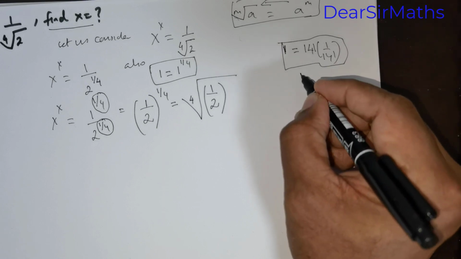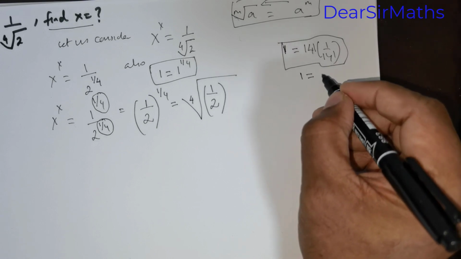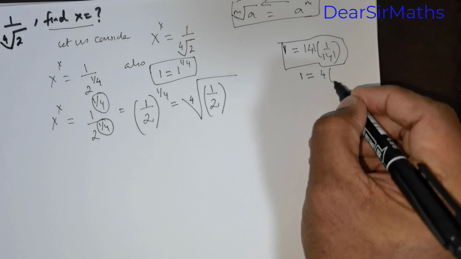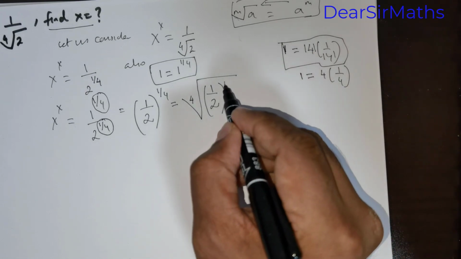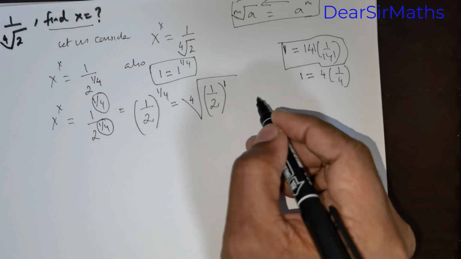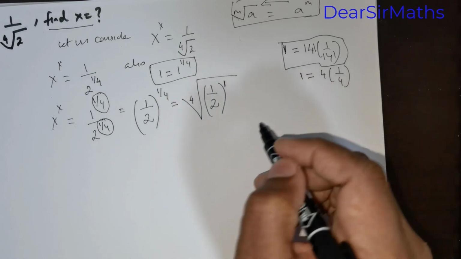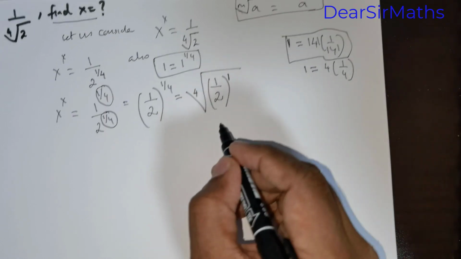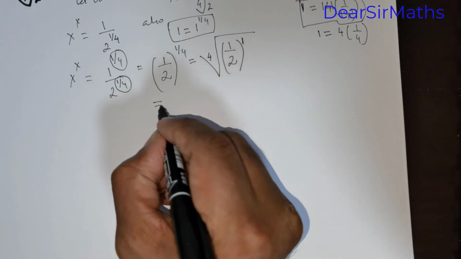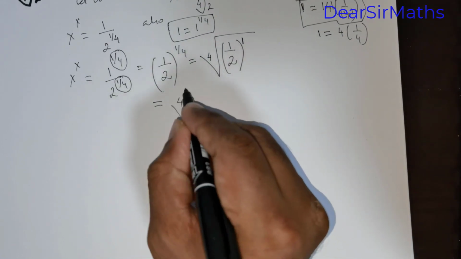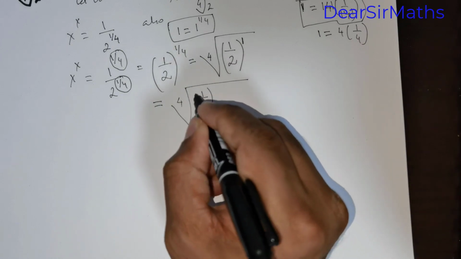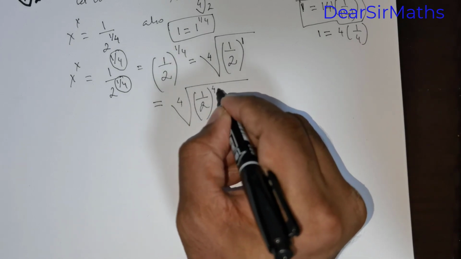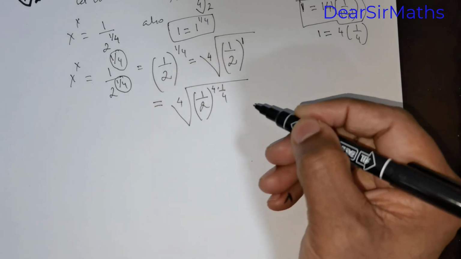So I would like to rewrite 1 as 4 times 1 over 4, because you can clearly see that there is a 1 over 4 here. So utilizing this concept, let me go to the next step. This is equal to 4th root of 1 over 2 raised to the power of 4 times 1 over 4, right?